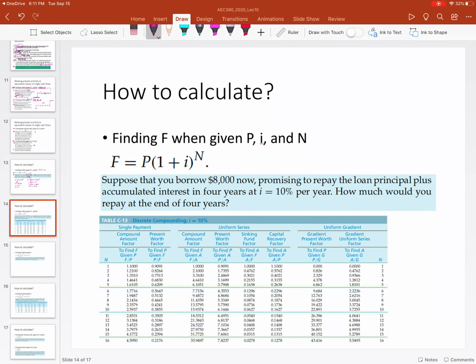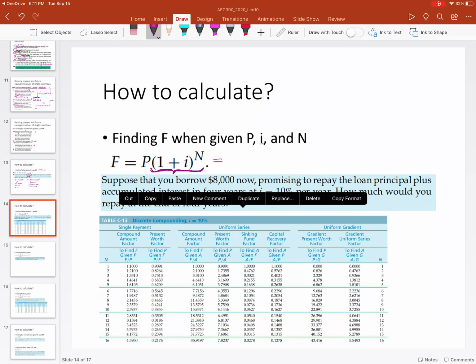Luckily, we have another way to do that. You don't have to do the calculation, but you need to check a table, okay? And here's how you do that. So here, this is the equation, right? But we can put this, 1 plus interest rate to the power of n.